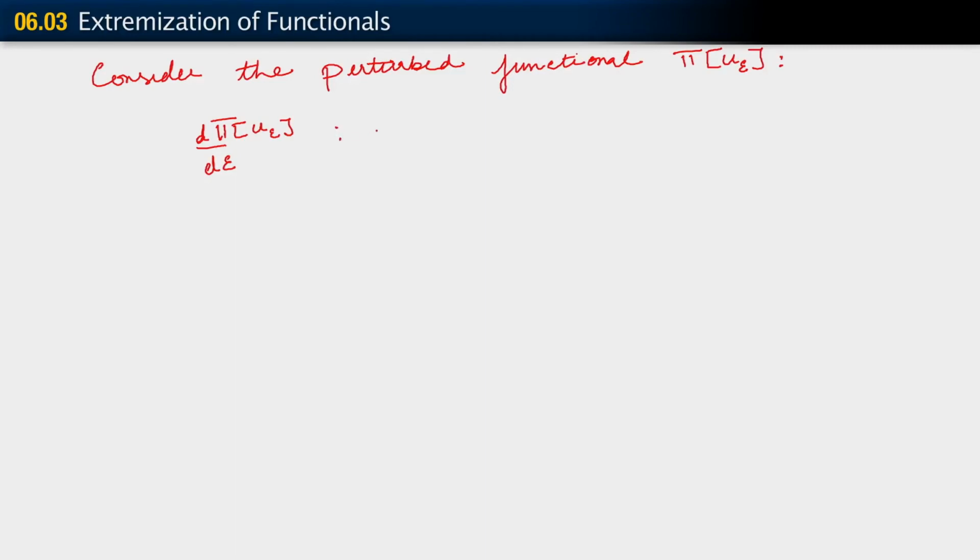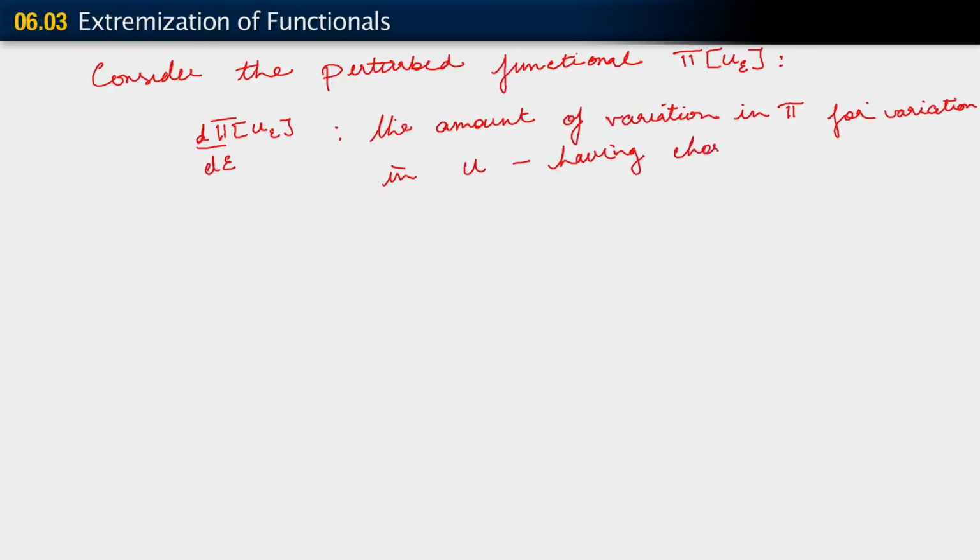So this gives us the amount of variation in pi for variation in U, having chosen, shall we say, the form of the variation.